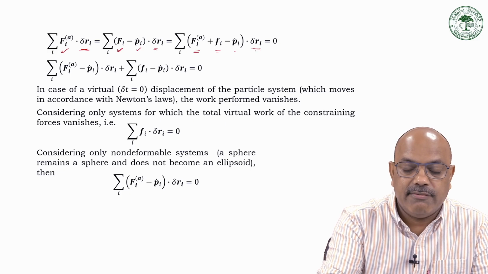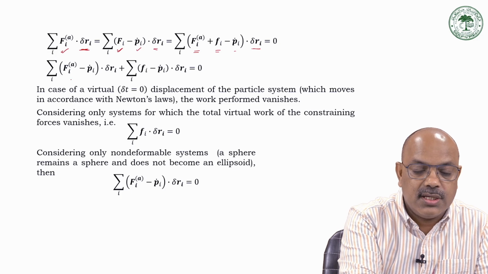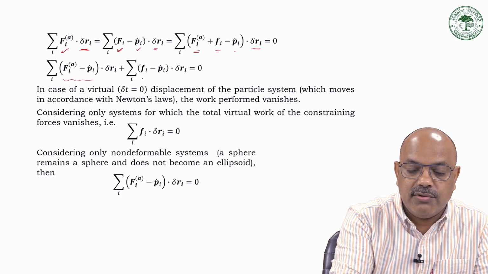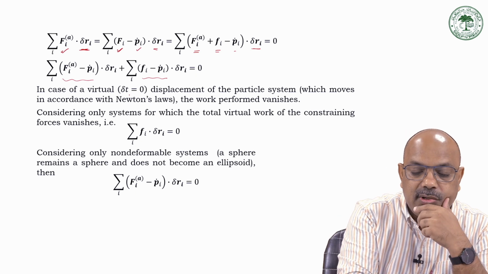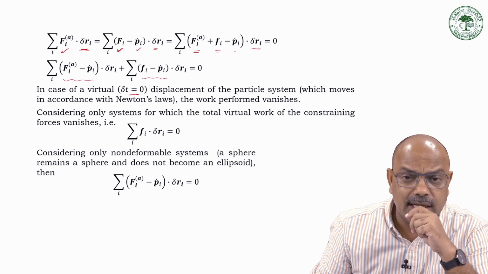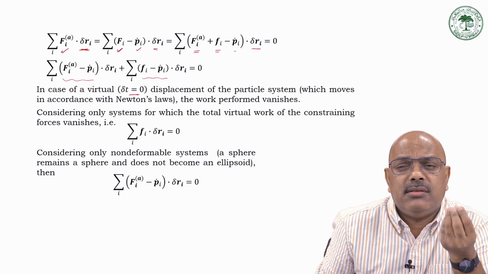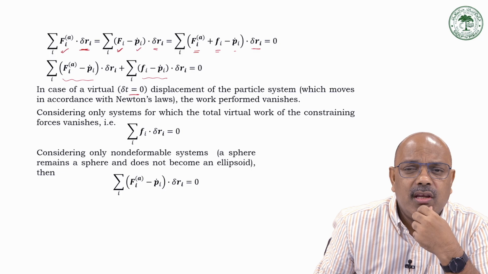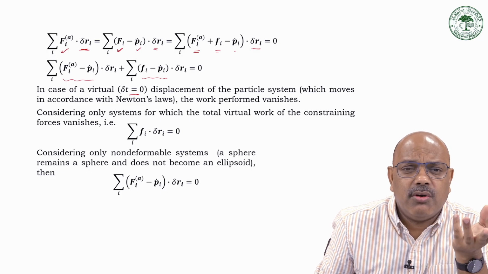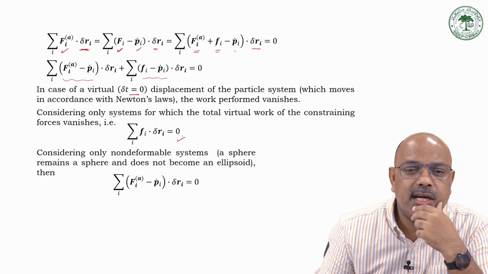If I separate it into the applied force and the constraint force, Fi minus Pi dot, delta r equals 0, because in case of virtual displacement, the displacement of particles in the system moves in accordance with Newton's law, there is no work. So Fi delta r, what we demand, is going to be 0.